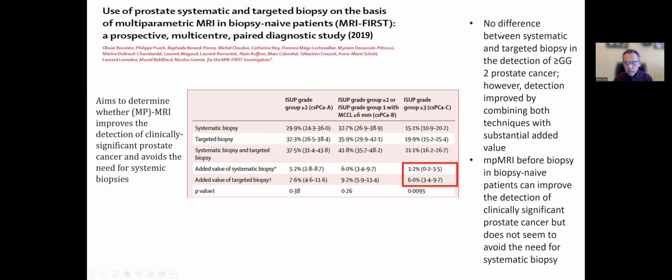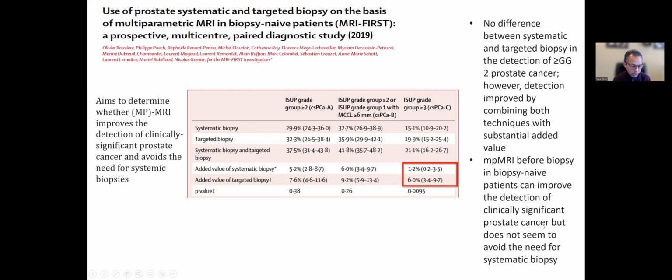They found that there was no difference between systemic and targeted biopsy in detection of grade group 2 or higher prostate cancer. However, detection is improved when you combine both techniques, with substantial added value. So multiparametric MRI before biopsy in biopsy naive patients can improve the detection of clinically significant prostate cancer, but does not seem to avoid the need for systemic biopsies.